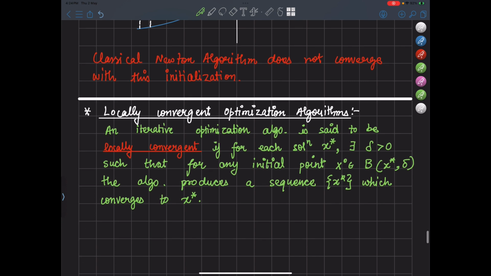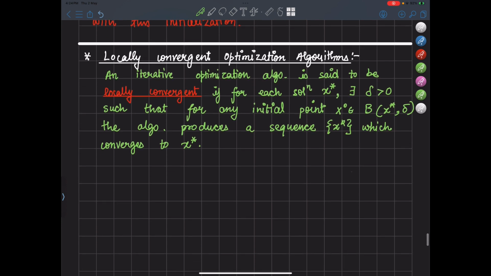So basically what this definition is saying, let's say we have a function. For every local minimum there exists a delta such that any point you choose inside the ball of radius delta centered around x star converges to x star.